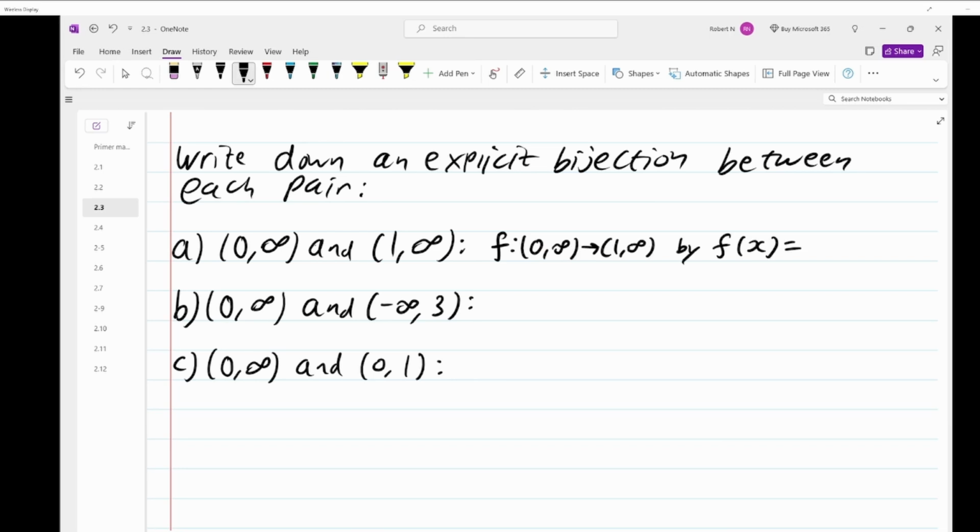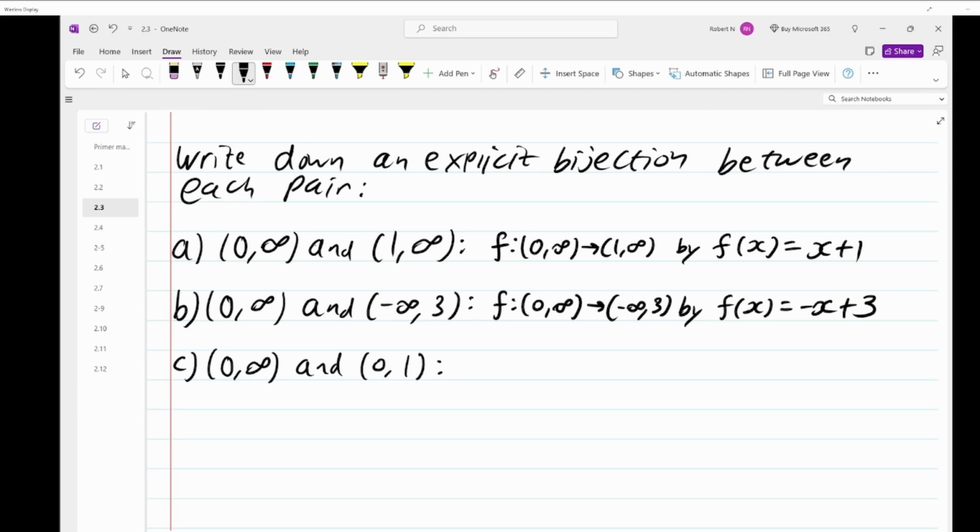So f of x is equal to x plus 1. The question, in fact, says you do not need to prove your answers. Phenomenal. This just works. Now what about this one? f of x is equal to negative x plus 3. That's what I have in my notes over here.